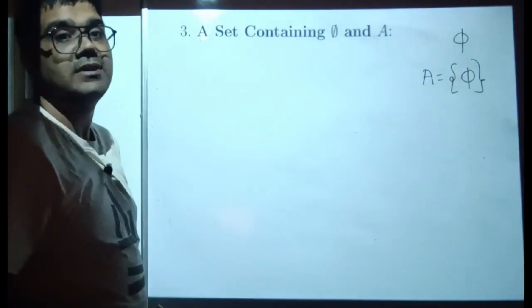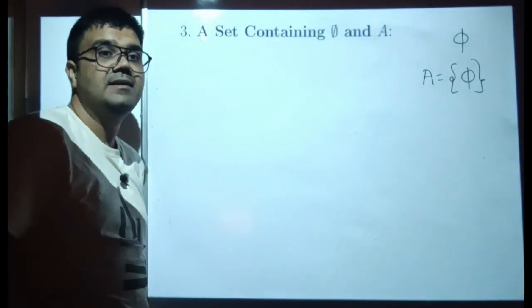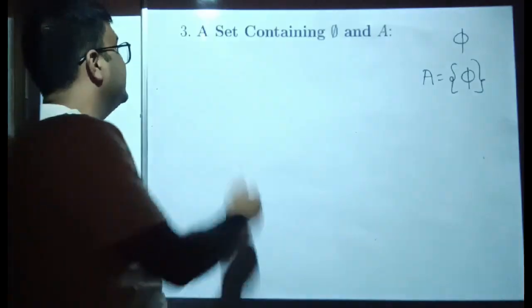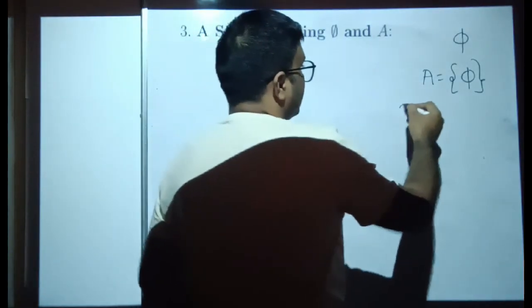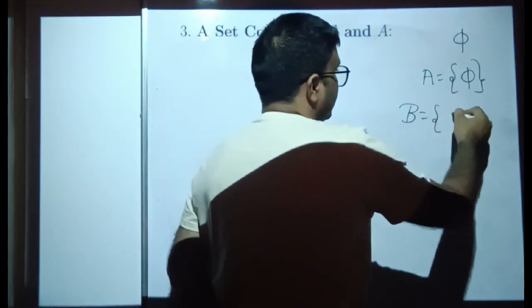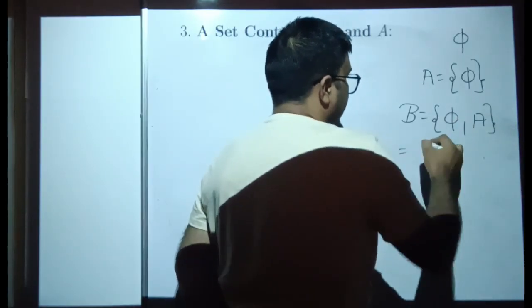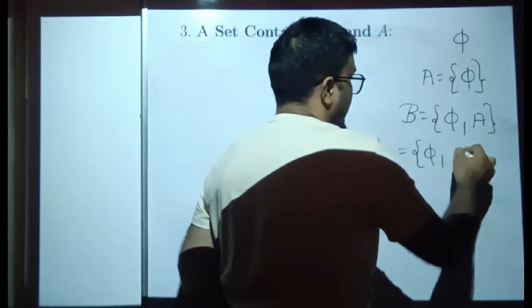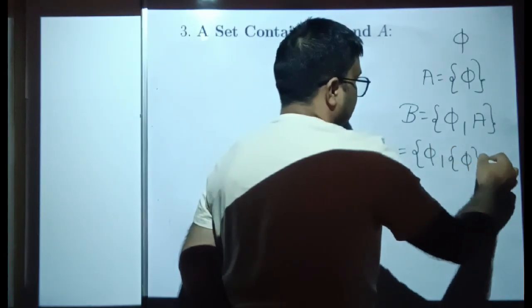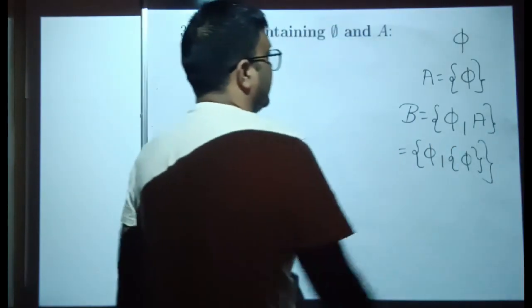Now we are talking about another set and it has the elements phi and A. Suppose this is the set B we are talking about. It has the elements phi and A, or we can write it has the elements phi set that is empty.